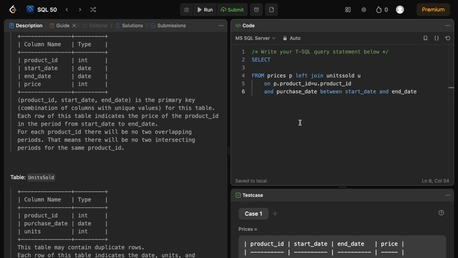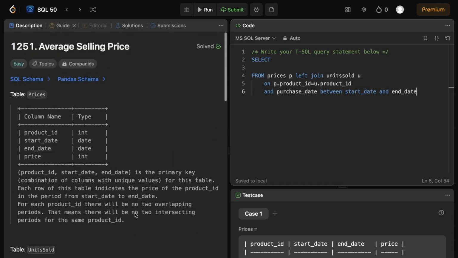All right, so these are my two conditions.